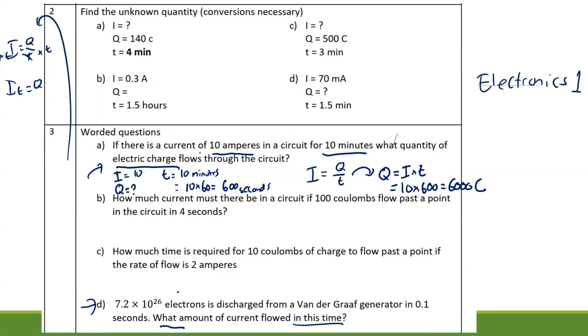We know that one electron is 1.6 times 10 to the negative 19 coulombs. So if I have 7.2 times 10 to the 26 electrons, times 1.6 times 10 to the negative 19, that will tell me the released charge.